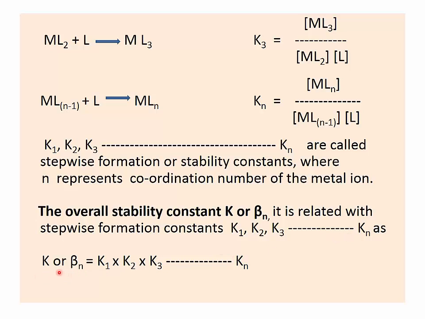K or beta n, overall stability constant, is equal to K1 into K2 into K3 up to Kn. That means K or beta n is the product of stepwise formation constants.